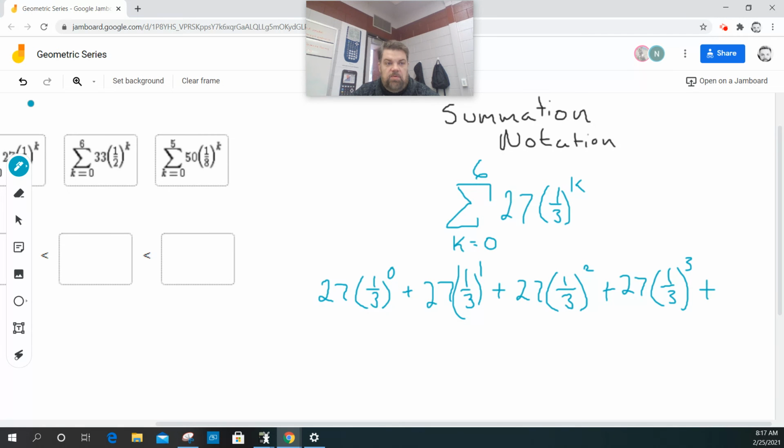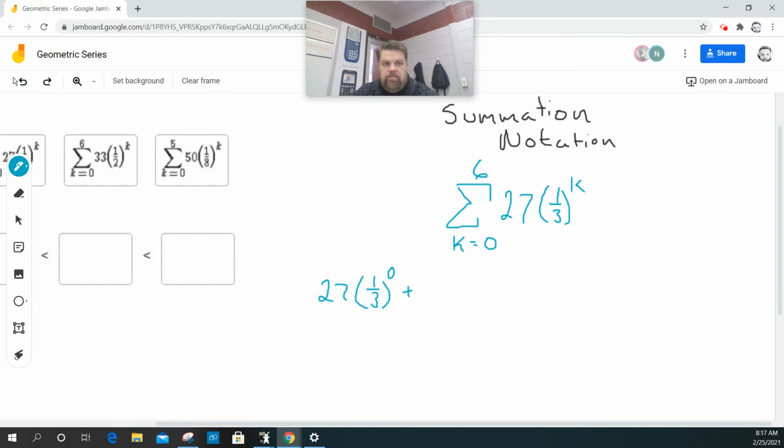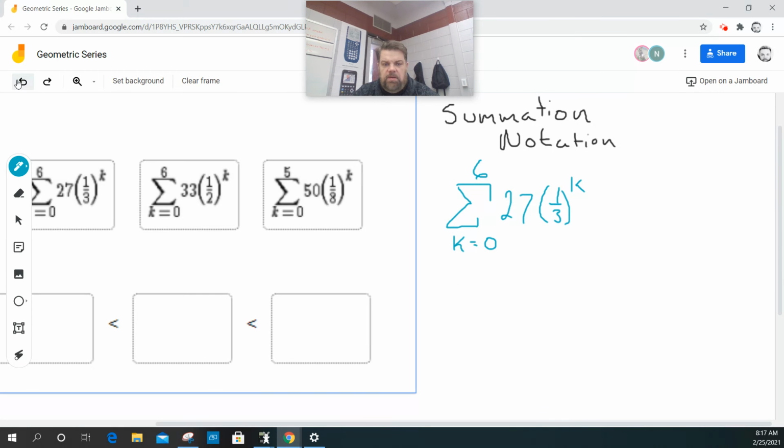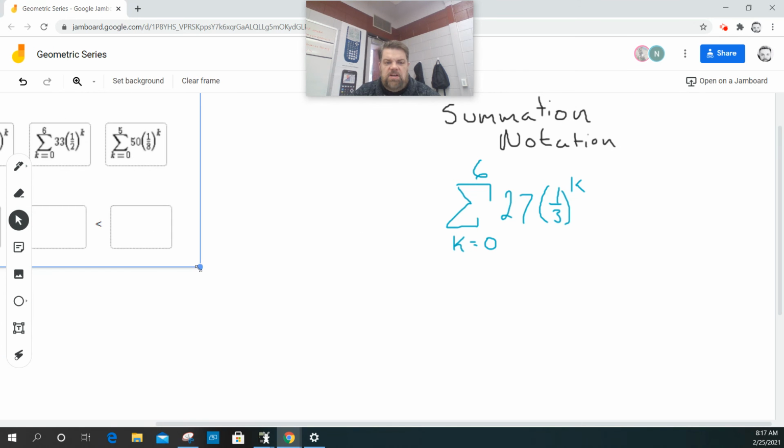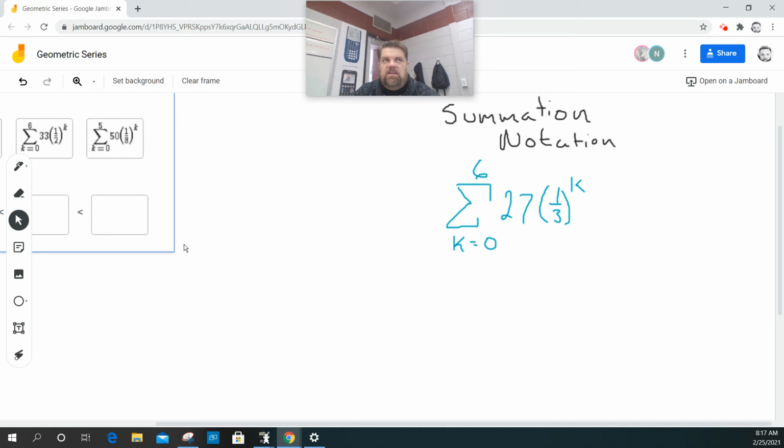You got to see it all in one line. It's always going to be the first term times the common ratio raised to the n minus 1.